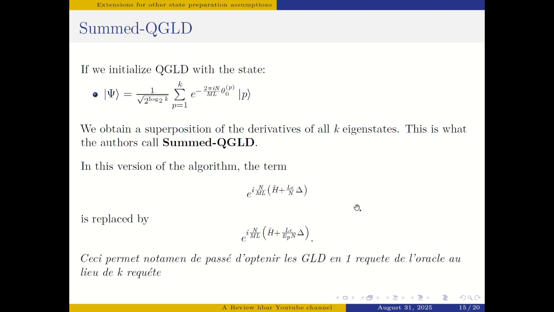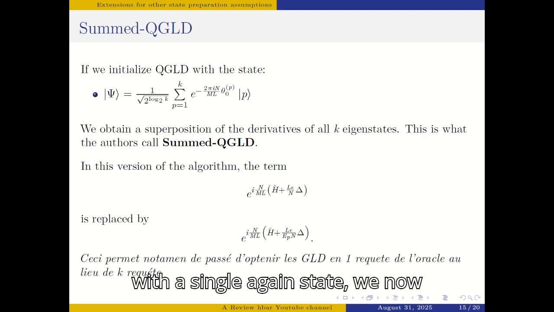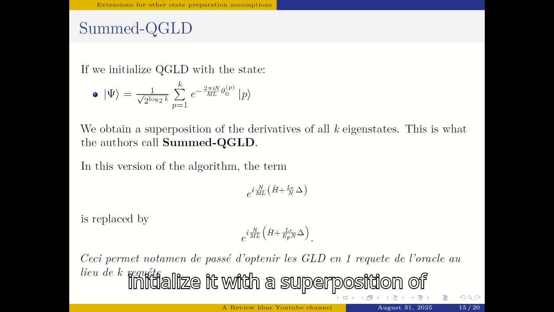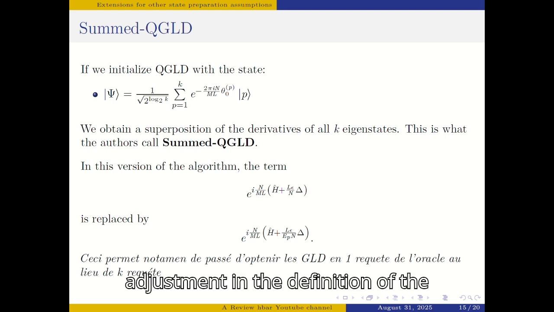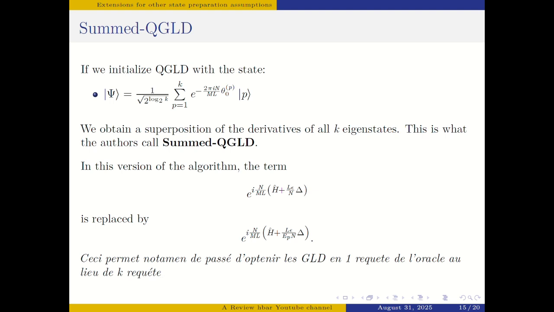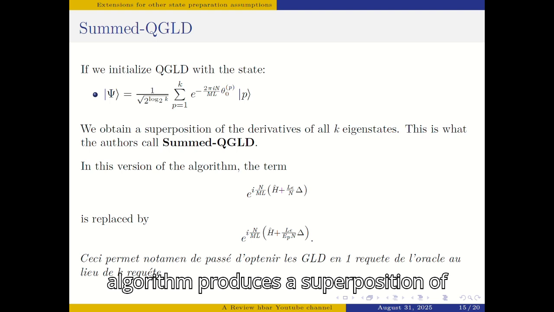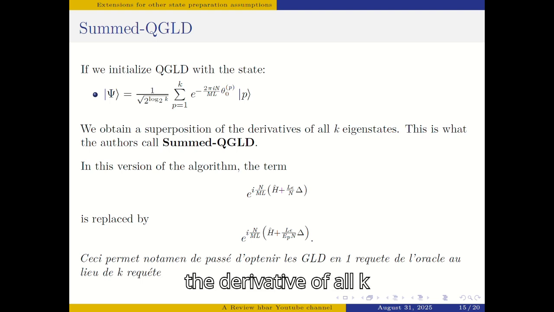Instead of initializing the circuit with a single eigenstate, we now initialize it with a superposition of the first k eigenstate. This also requires some adjustment in the definition of the oracle. Under these conditions, the algorithm produces a superposition of the derivative of all k eigenstates rather than just one.